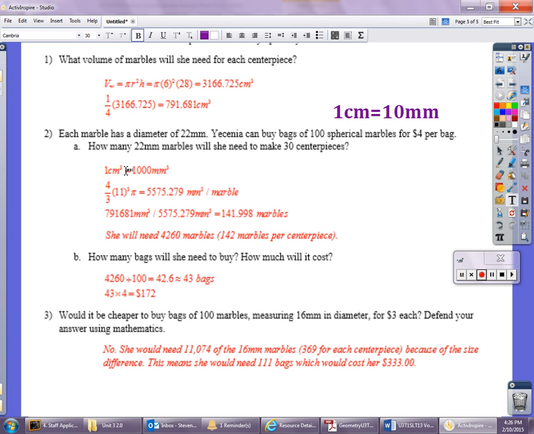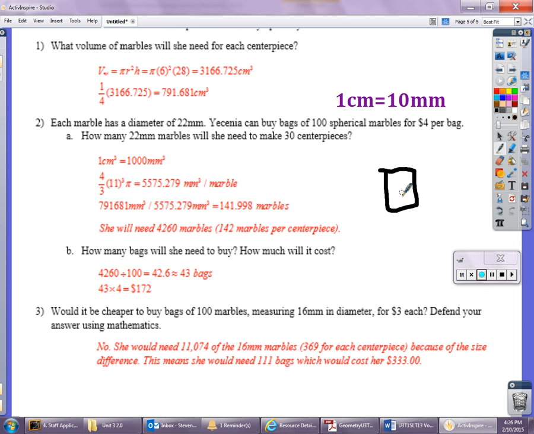If you're converting volume, you have to remember that in a cube you're converting 3 dimensions. So if you convert the length, width, and height, you're multiplying by 10 every time, and 10 times 10 times 10 actually gets you a conversion of 1,000.